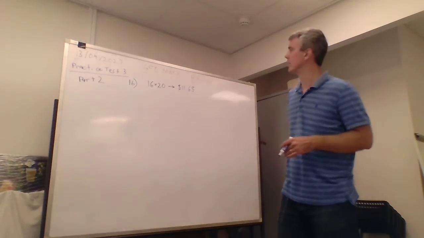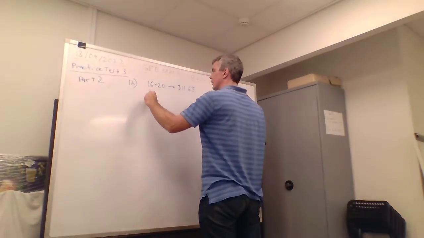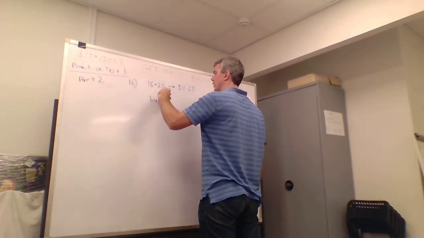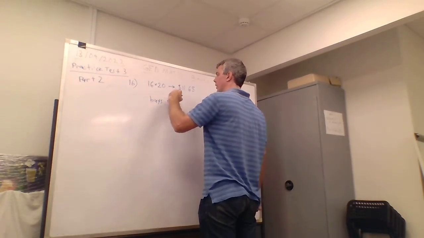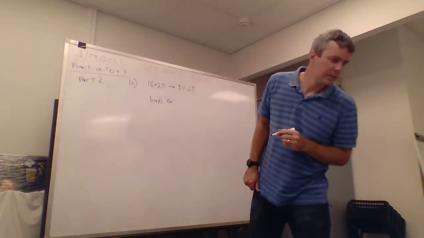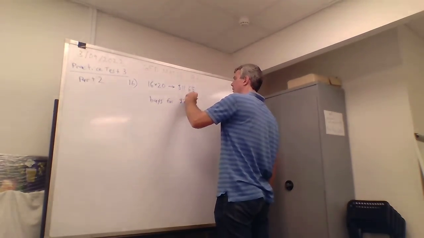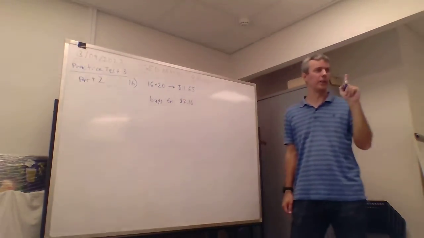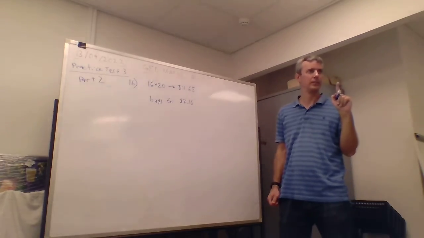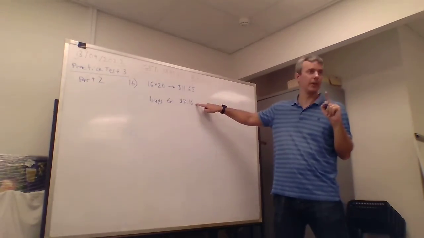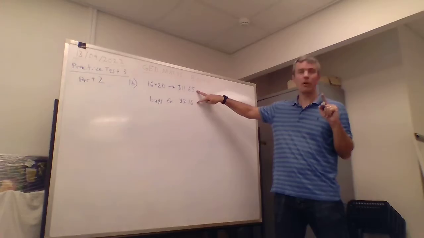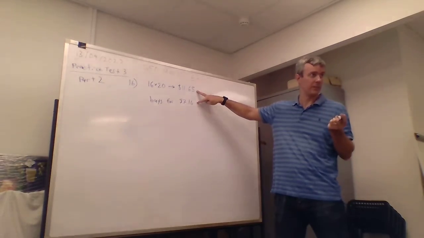And she buys it for how much? 7.16. So how much profit does she make on each one? She sells it for this, she buys it for this. So the profit is the difference, right?